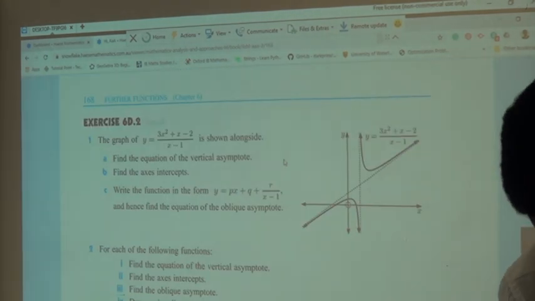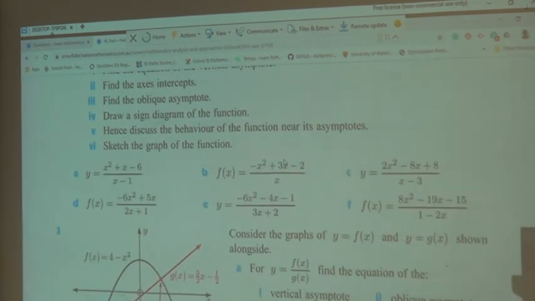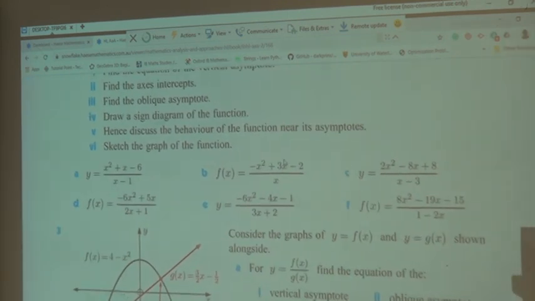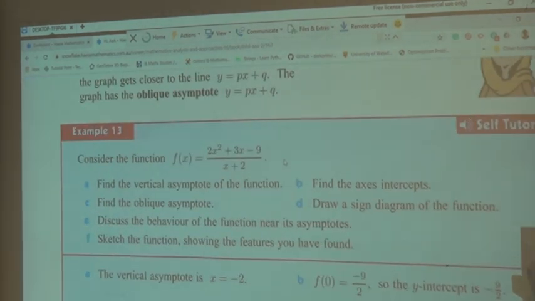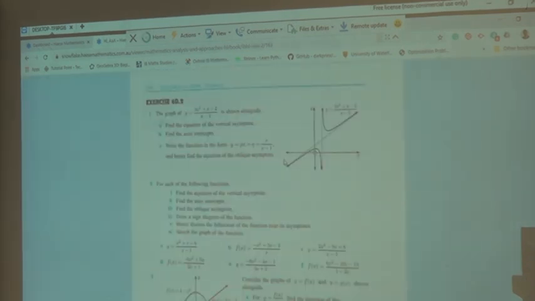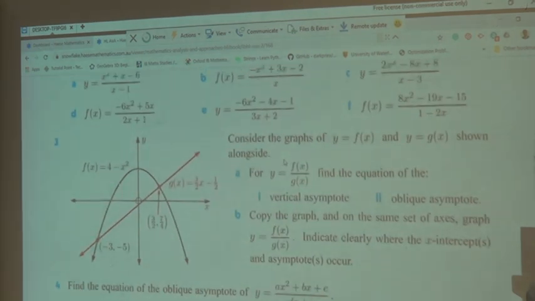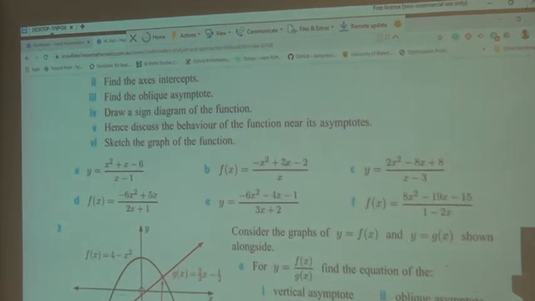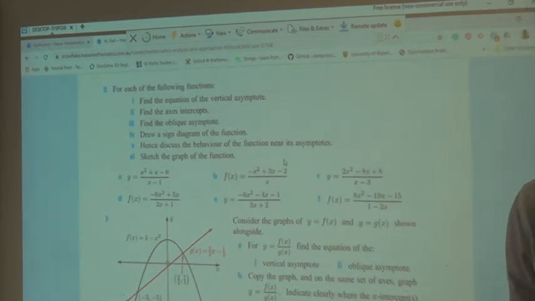Let's look at maybe question 1. Here's the example again. Can you change question 1 to mixed fraction form? 1a, change it to mixed fraction. Or better still, wait.